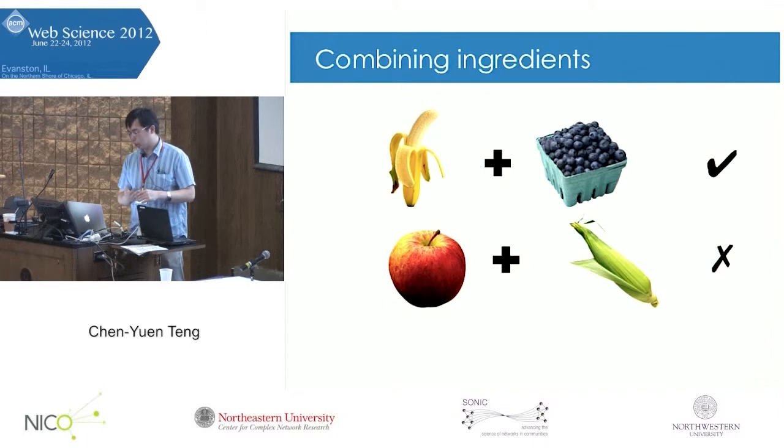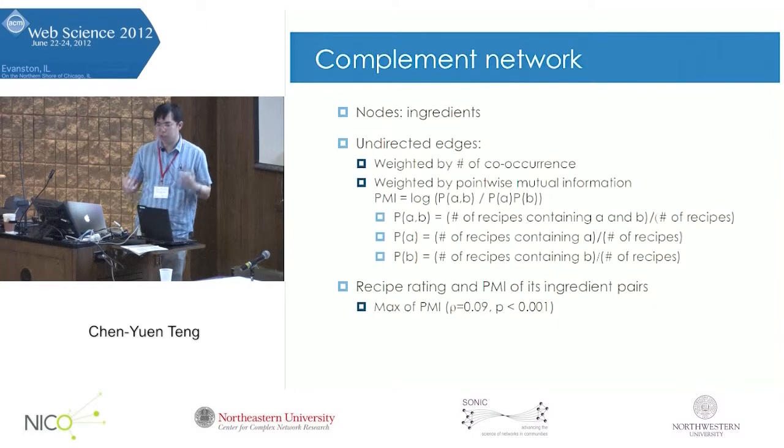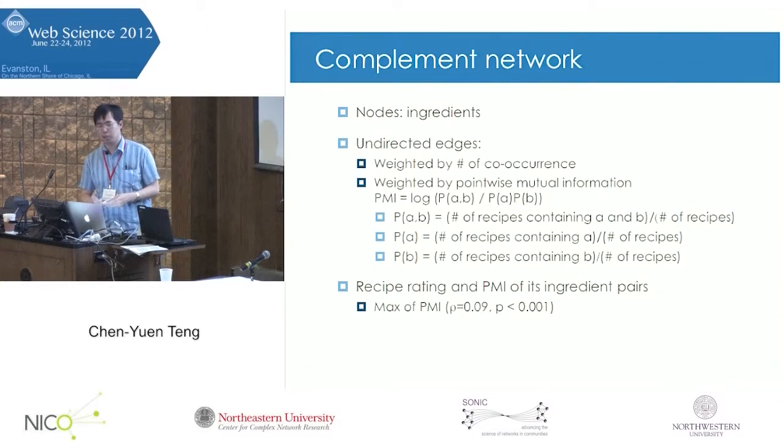Now we may ask, what will we mix? Maybe you will want to mix banana with blueberry, but maybe you don't like to mix apple and cumin. We can use this information to build an ingredient network, which we call the complement network.